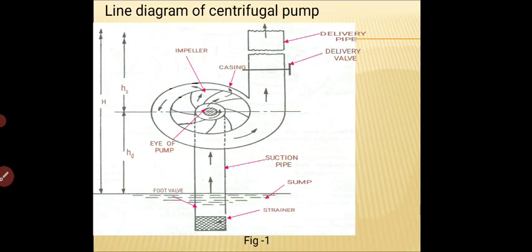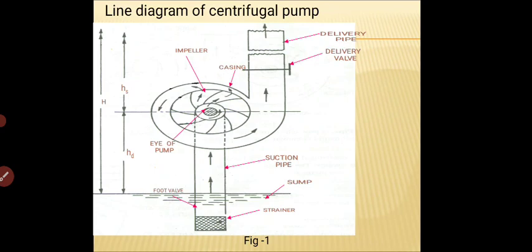In general, it can be defined as a machine to increase the pressure energy of the liquid. In the centrifugal pump, the mechanical energy of rotating impeller is converted into the pressure energy of liquid. This is the centrifugal action.